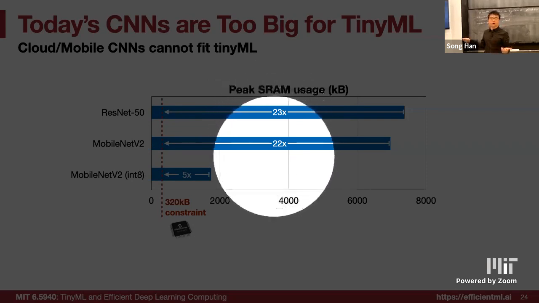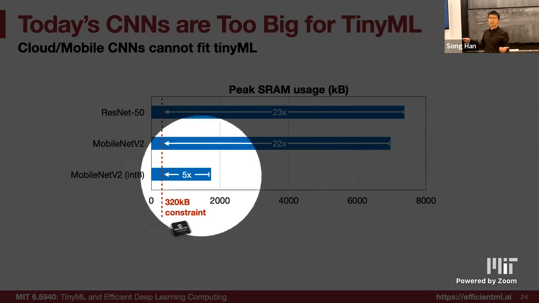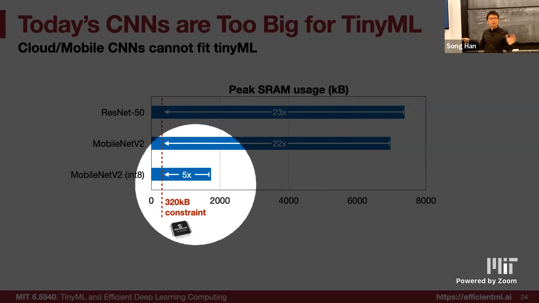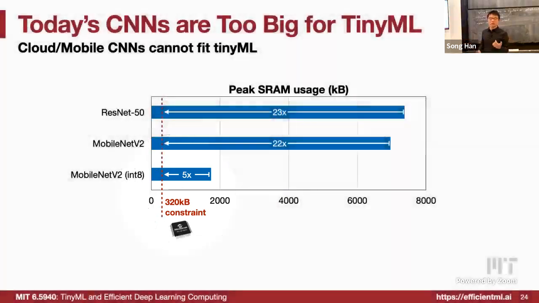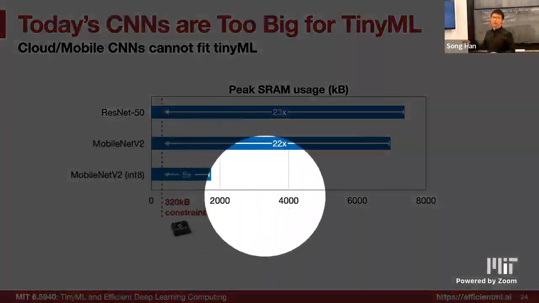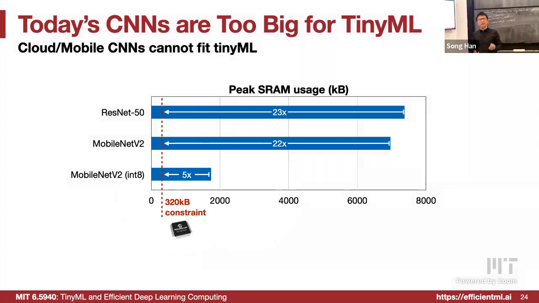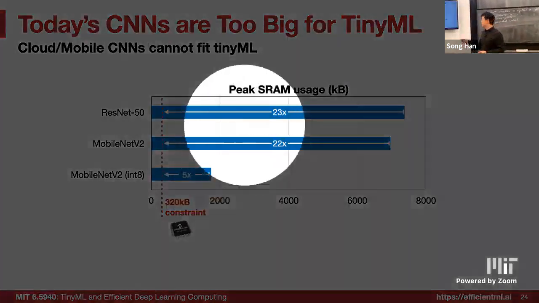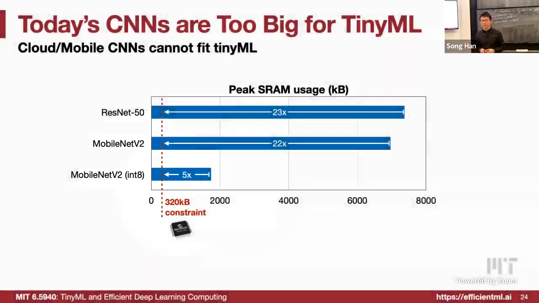MobileNetV2 is 22 times larger. Quantization, which we learned in the previous lecture, reduces it by 4 times, which is very good, but it is still 5 times larger. So we are going to learn in this lecture how to overcome this gap and fit the model in the microcontroller while having similar accuracy as MobileNetV2.